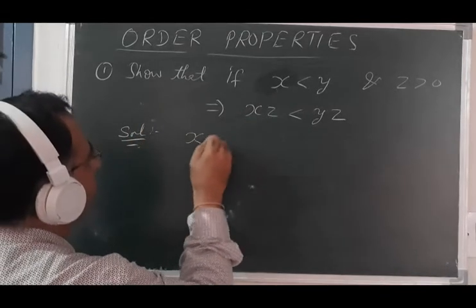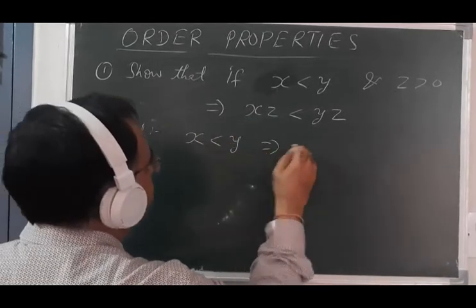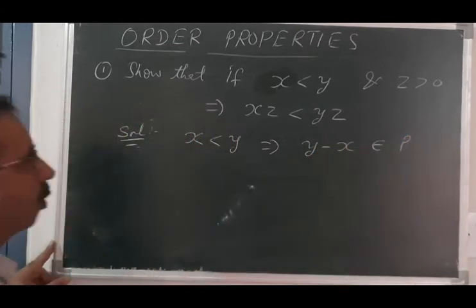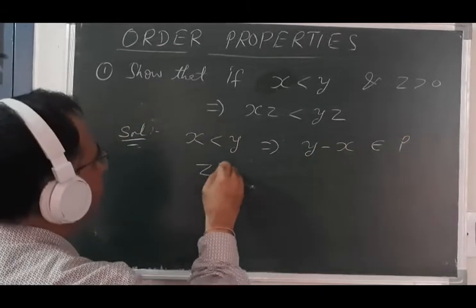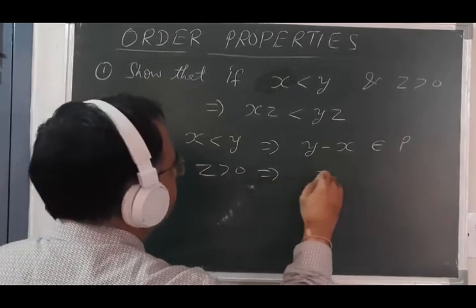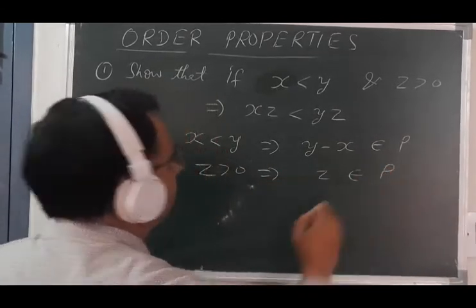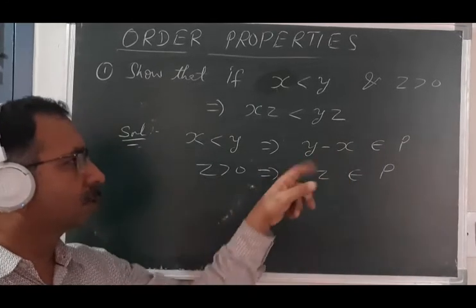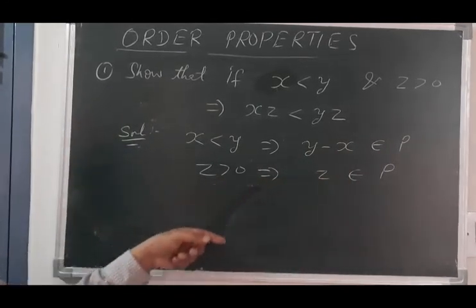So x less than y implies y minus x is a positive number. z greater than 0 implies z is a positive number. Now y minus x is in P, z is in P. Now use closure property under multiplication.